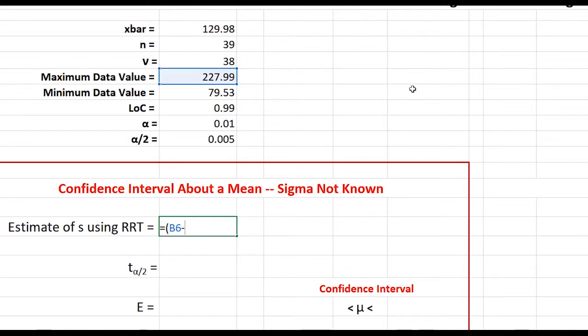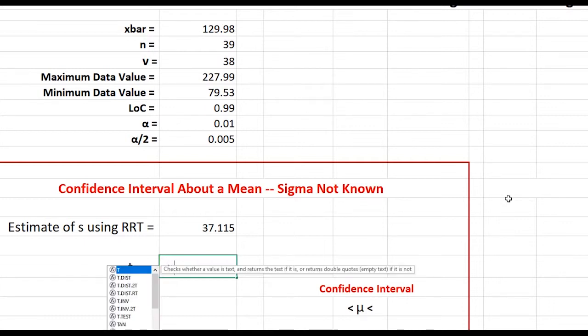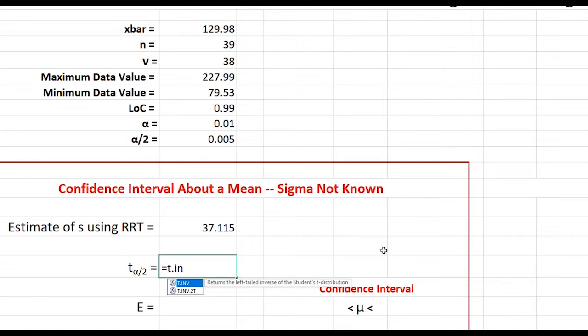From that I subtract my minimum data value, in other words, the range of prices. And I close my parenthesis, divide by 4, and enter. There we have 37.115.